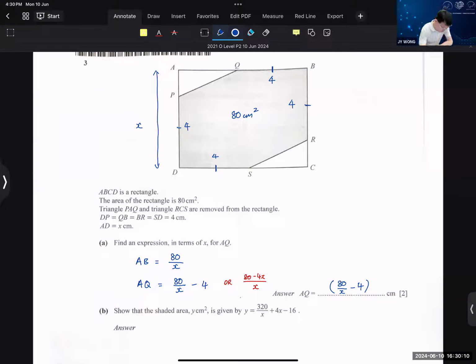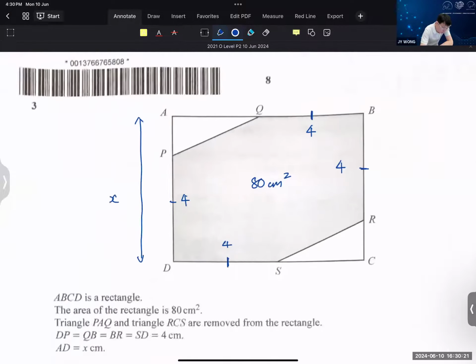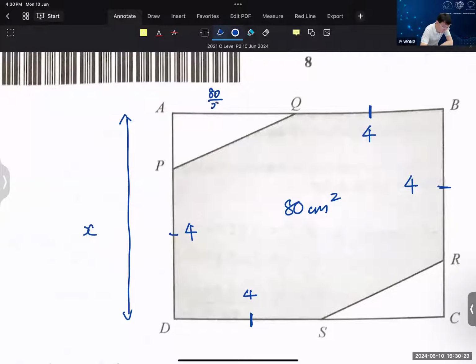So to find your shaded area, you know that your shaded area is the area of the whole rectangle minus away the two triangles. You have already found the length of AQ in part A. So we know that AQ is 80 over x minus 4. And obviously this length will be equal to this length based on the information given to you.